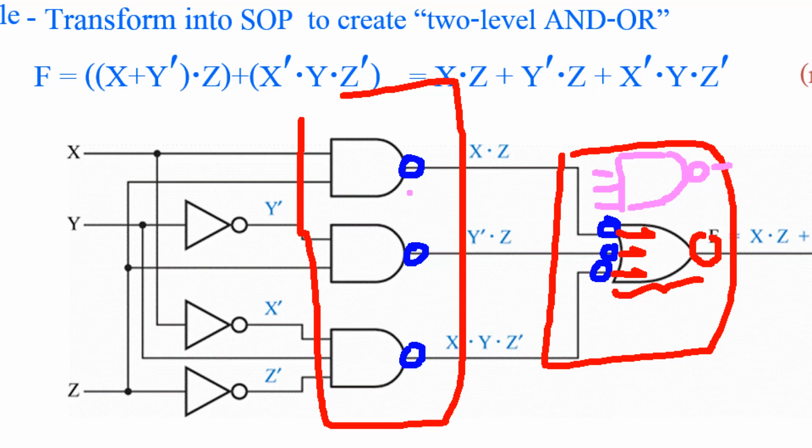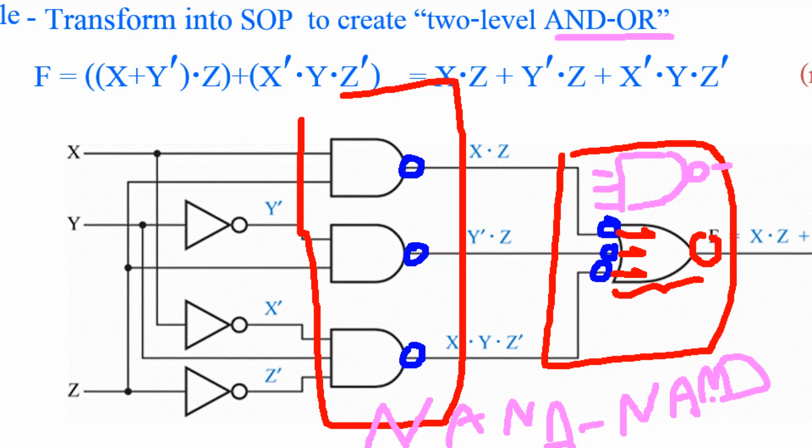That means now you can change from two-level AND-OR to two-level NAND easily, by adding a pair of inverters to this line between the output of the first level and the input of the second level.